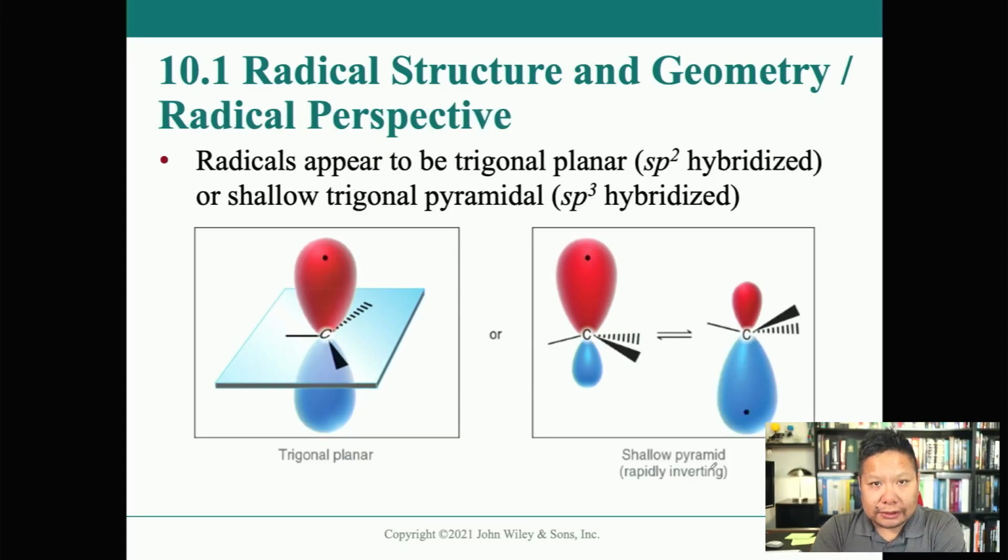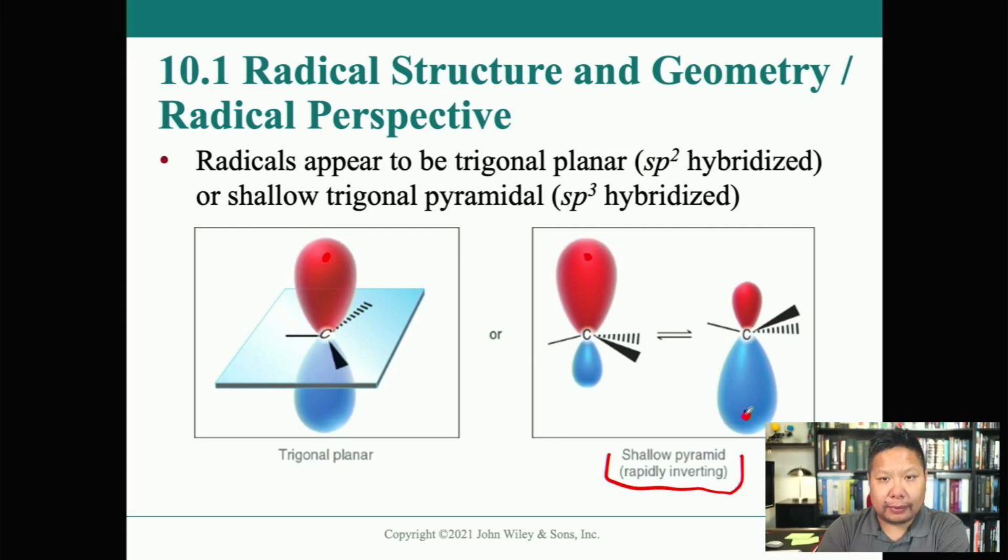So radicals actually appear in trigonal planar sp2 hybridized or the shallow trigonal pyramidal sp3 hybridized forms. Here we have the radical in the trigonal planar form, or it can do the shallow pyramid, quickly inverting from here to here.